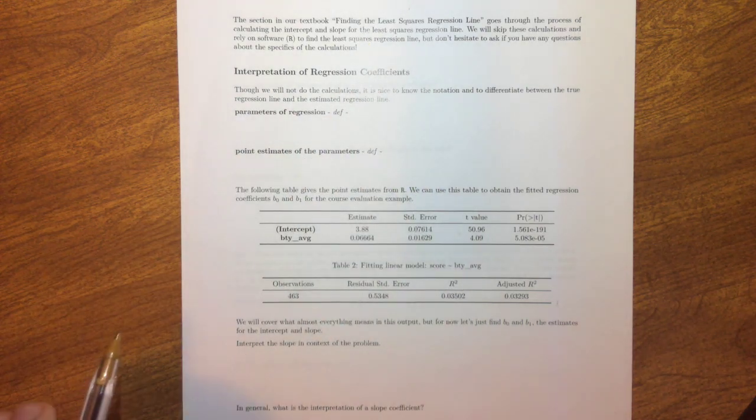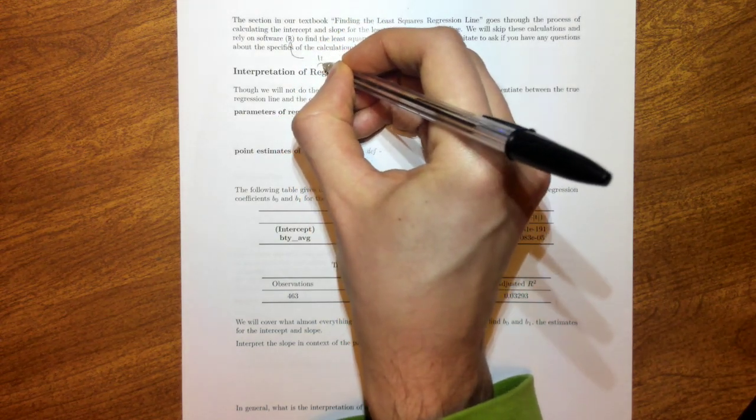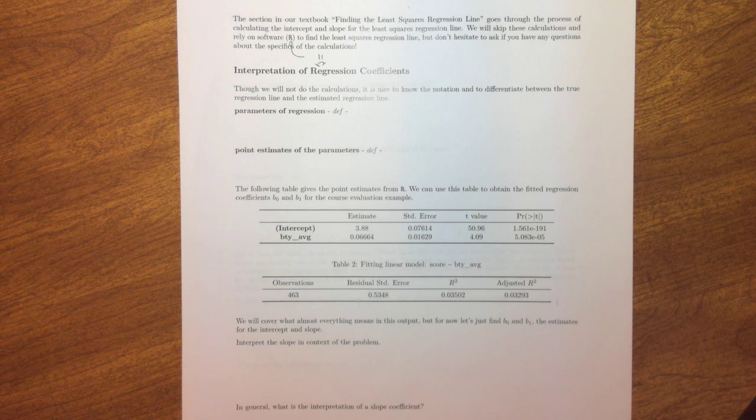We're completely skipping these, and though our notes say that we're relying on R, we're only doing so indirectly because I'm relying on R to provide you with the tables, but you're responsible for knowing what everything in the table eventually will mean.